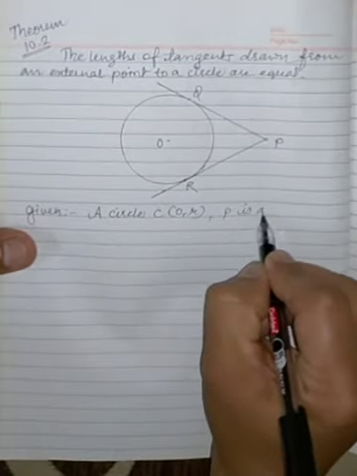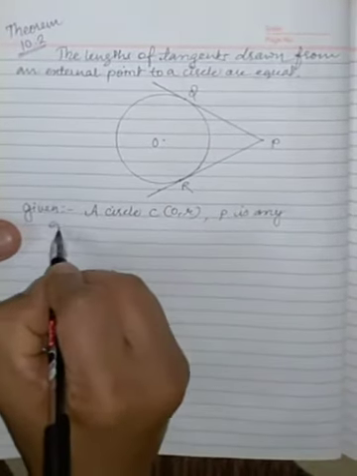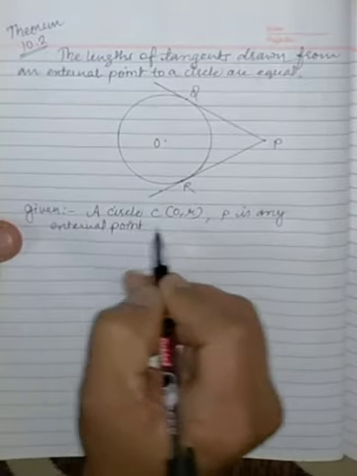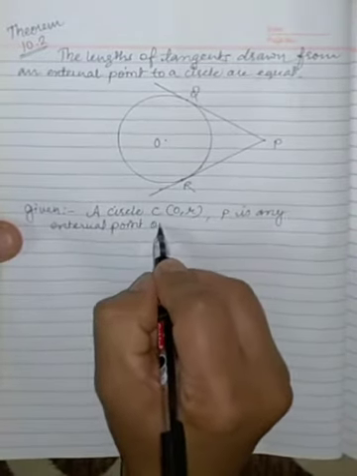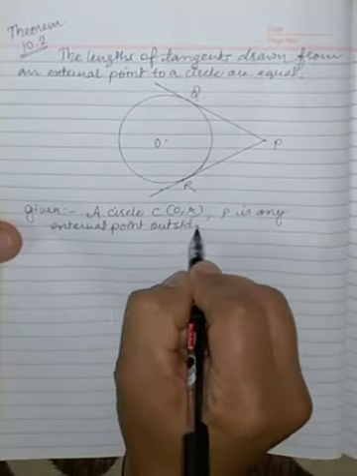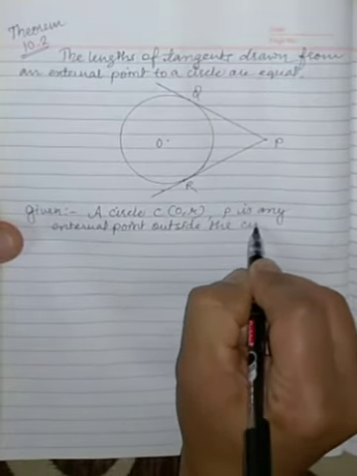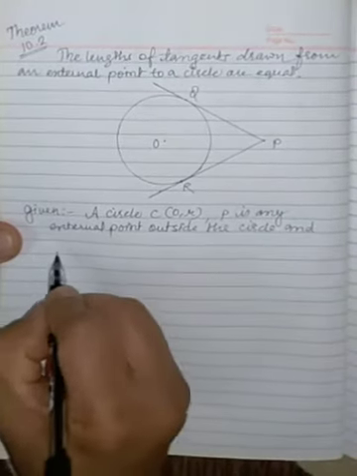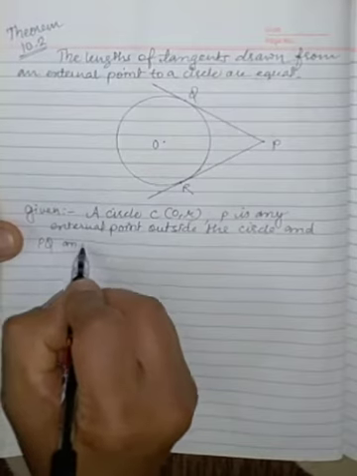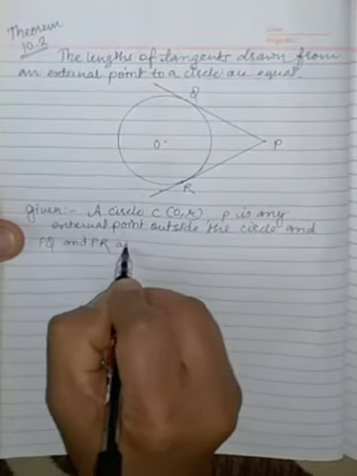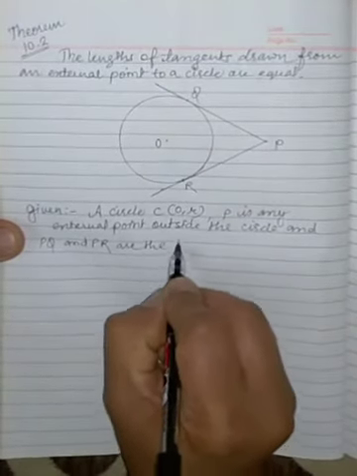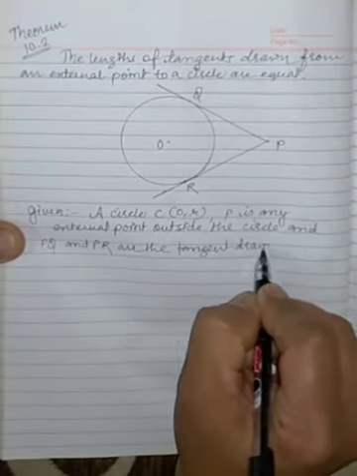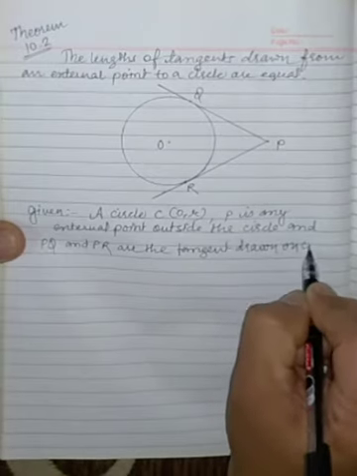P is any external point outside the circle, and PQ and PR are the tangents drawn on the circle.